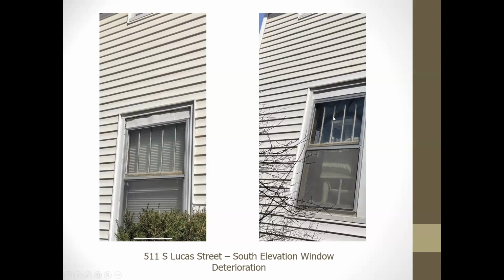So when we're looking at these photos, we don't see what we would need to see to approve the replacement of these windows. We would need more information. We do see that the storm window does not fit the window because they've filled in with something above.